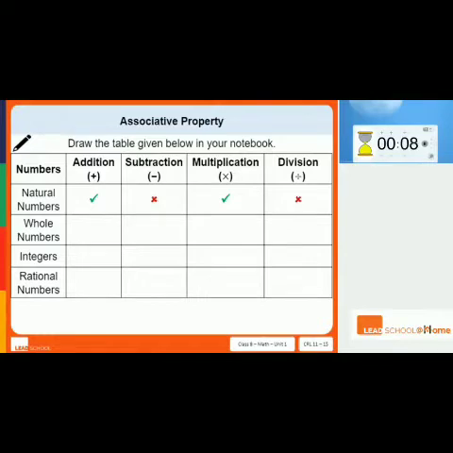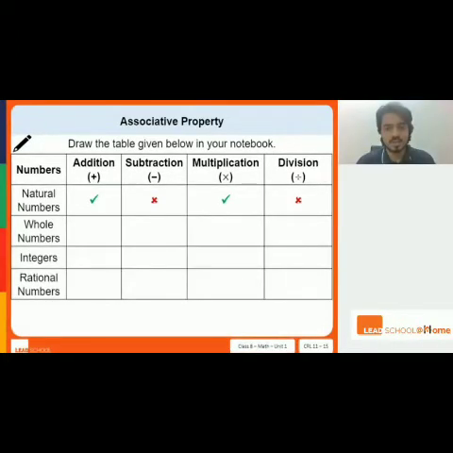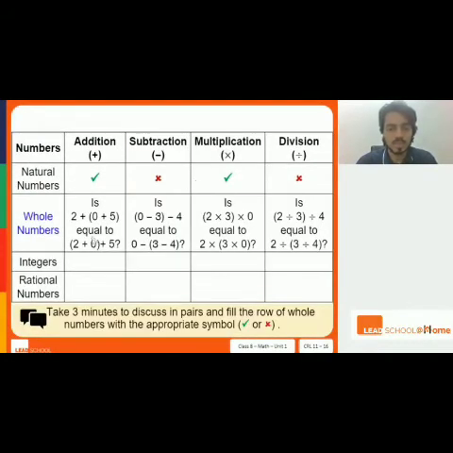Last 10 seconds. 5, 4, 3, 2, 1 and 0. Okay, let's start with the whole numbers. So you can take these numbers and these expressions to check the associative property for whole numbers.